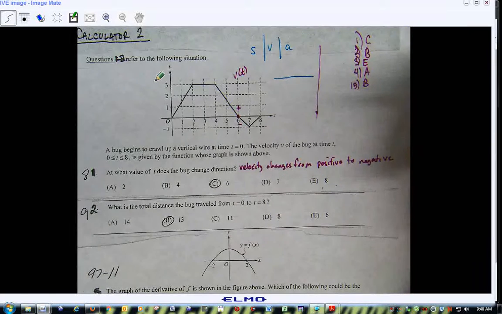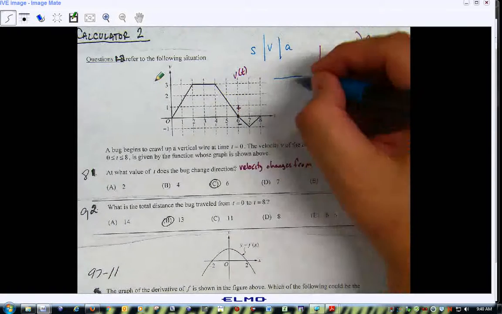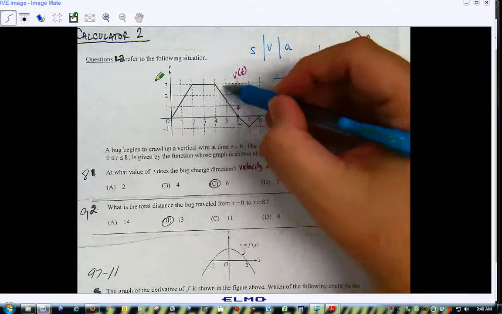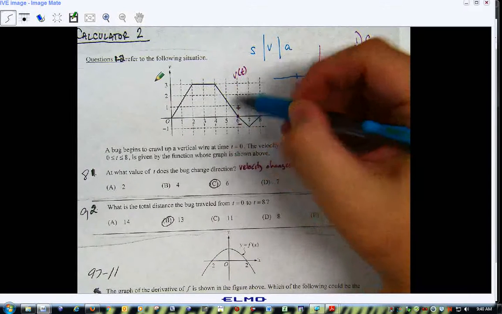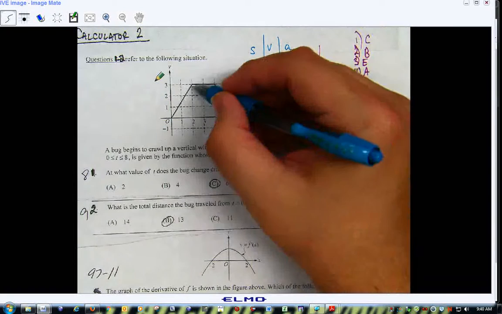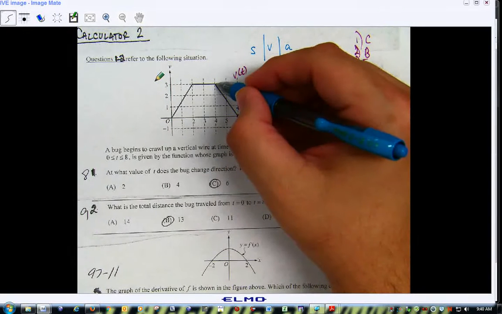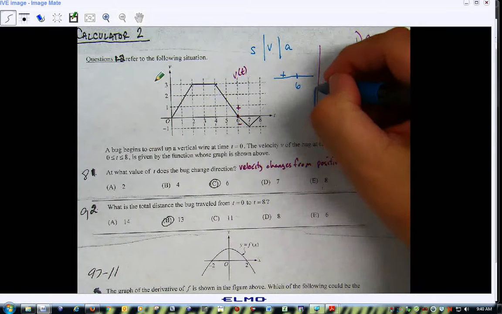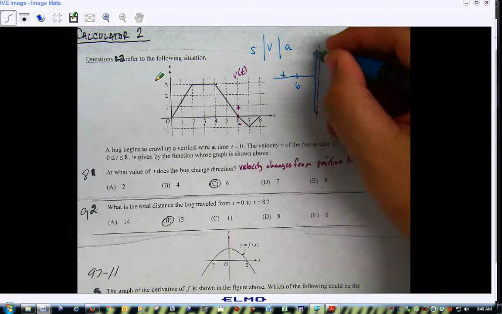So in this case, we look for the 0 at 6. Now, what type of values are here, positive or negative? Positive. So even though it's constant right here, it's still a positive velocity, which means your bug is moving in a positive direction, which would be up.